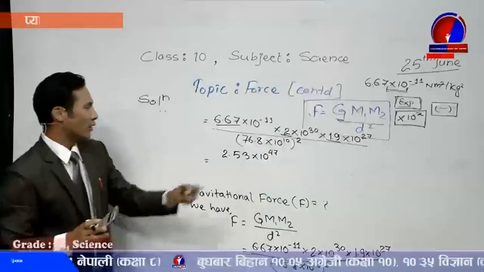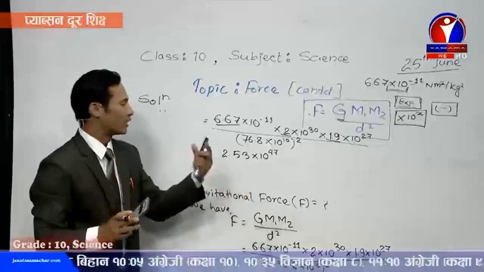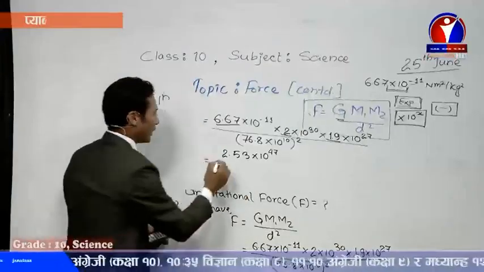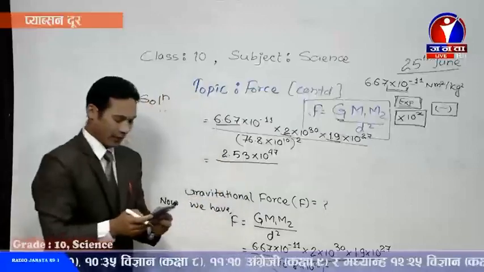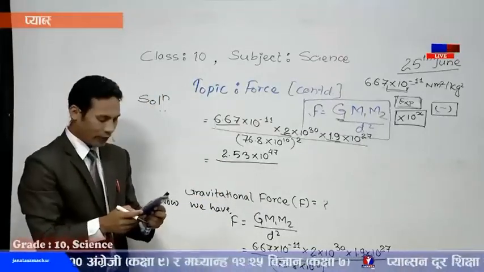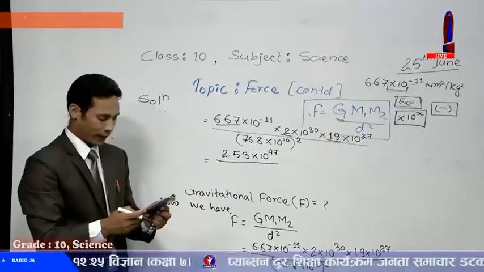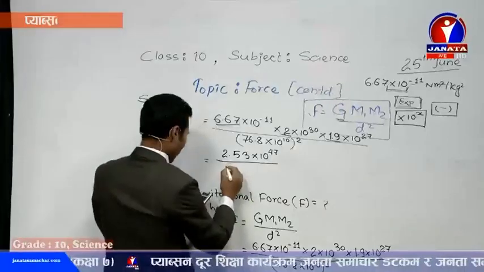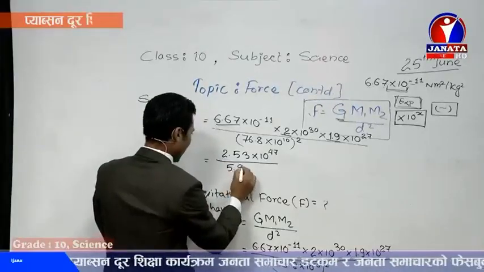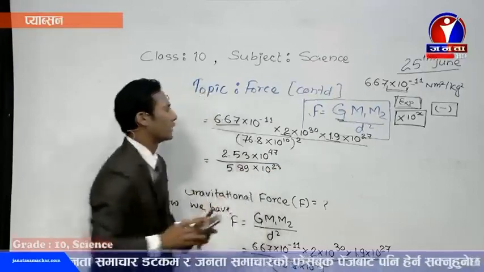After the decimal, 2 digits you can take. If you want 3 or 4 digits, no problem, but 2 digits is enough. Divided by 76.8 into 10 to the power 10, whole squared, it will give 5.89 into 10 to the power 23.